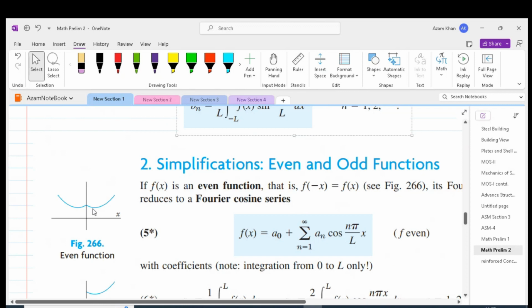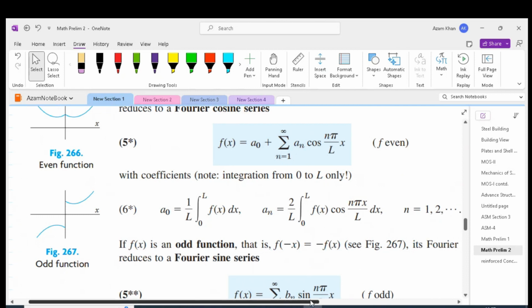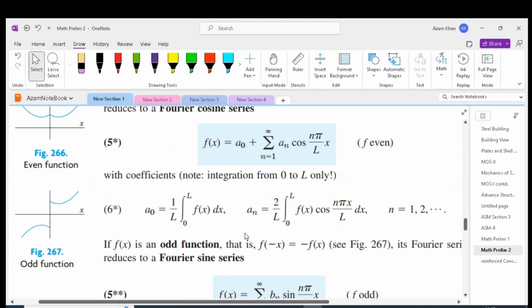If our unknown function is an even function, then we can simplify our Fourier series into f of x equal to a naught plus summation n equal to 1 till infinity an cos n pi x over L, where a naught is 1 by L integral 0 to L f of x dx, and an is equal to 2 by L integral 0 to L f of x cos n pi x over L dx, and n can be 1, 2 till infinity.